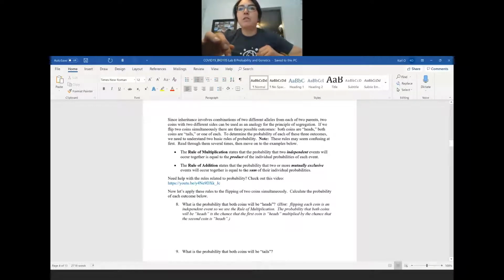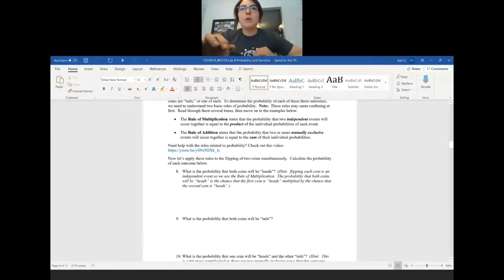And then the rule of addition states that the probability of two or more mutually exclusive events occurring is equal to the sum of their individual probabilities. This is where we use the word "or." If we have event 1 happening or event number 2 happening, you add those two individual probabilities together to get the total probability.